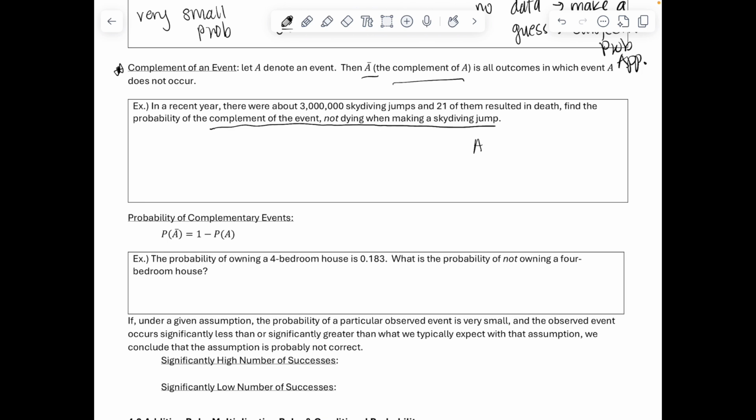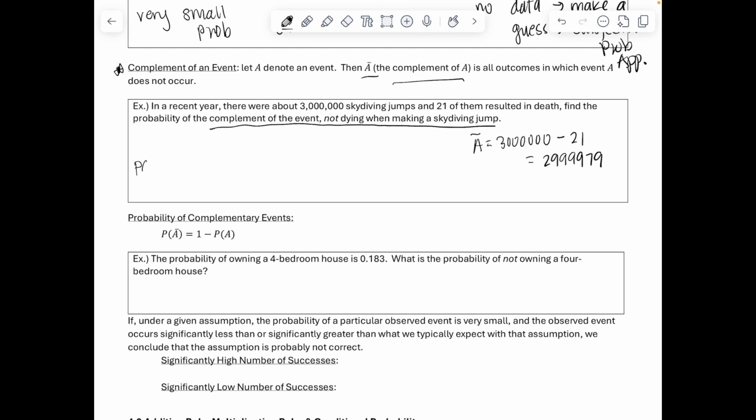So A prime, or A bar, is going to be the number of jumps that we had, which was 3 million, minus the people that passed away. And this is giving me a really large number. And this really large number represents the number of people who survived, who did not die.